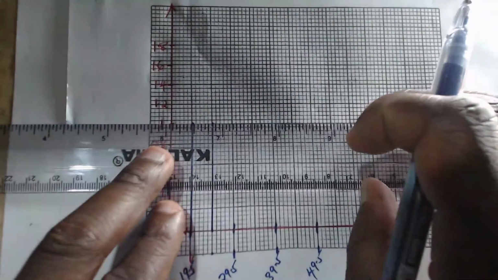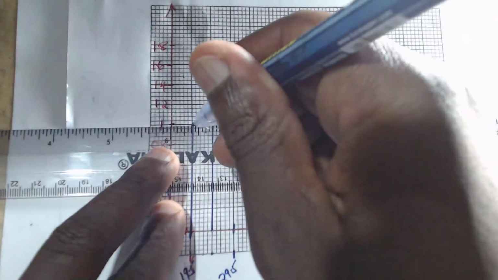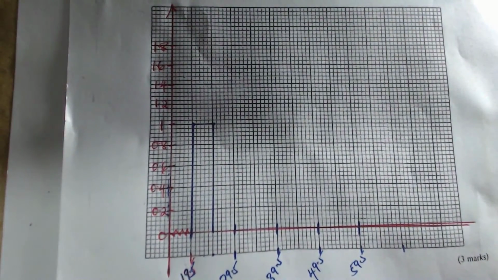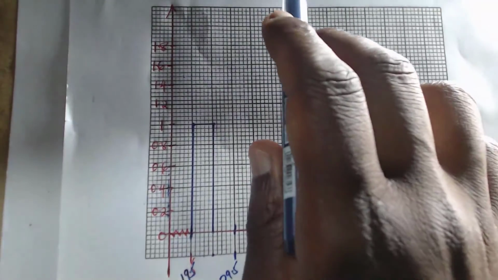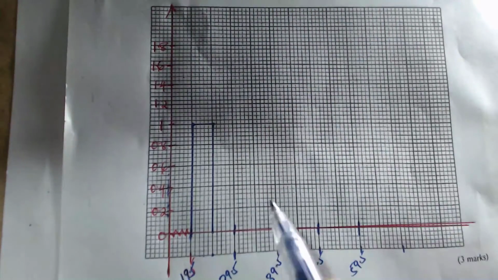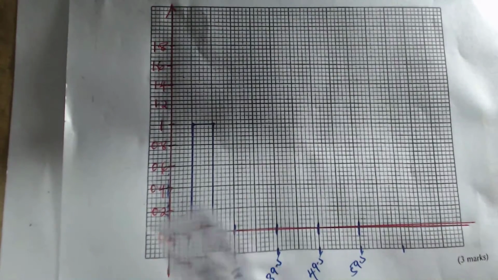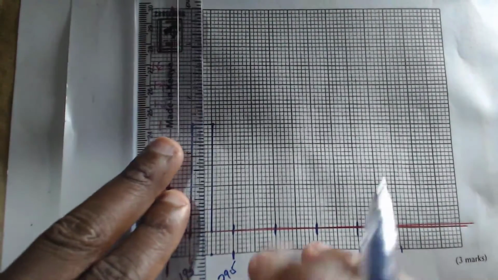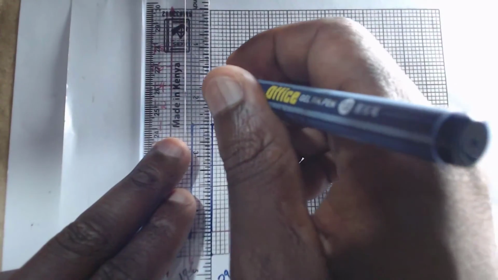So this is the first class. The second class is from 24.5 to 29.5. That one is 1.4, so that one goes up to 1.4.